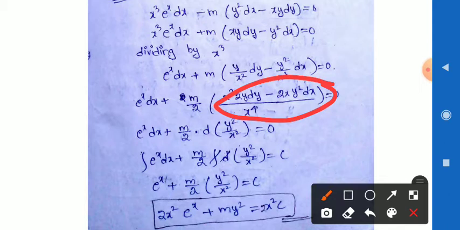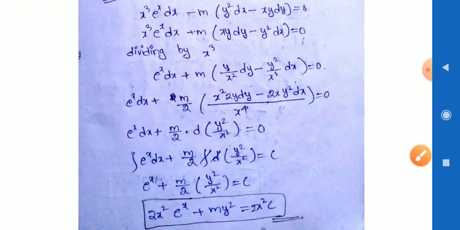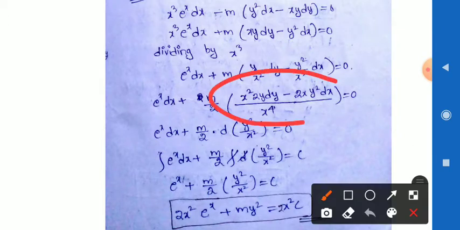Therefore we get e power x dx plus m by 2 into d of y square by x square. Here this differential equation can be written in the integrating factor form, that is d of y square by x square.